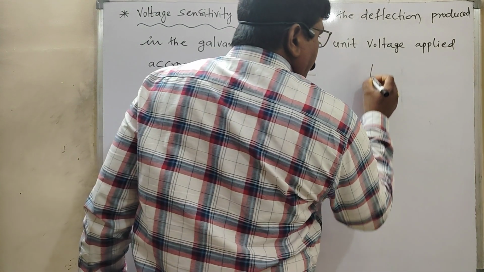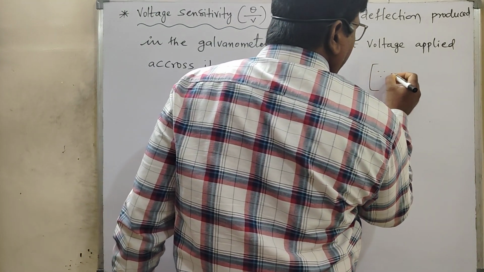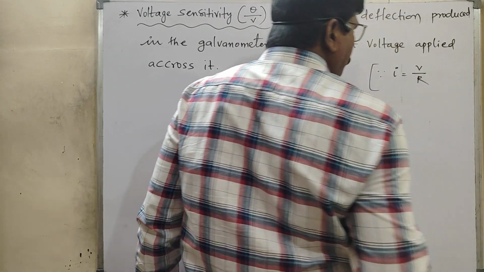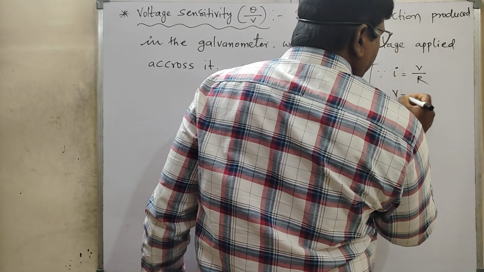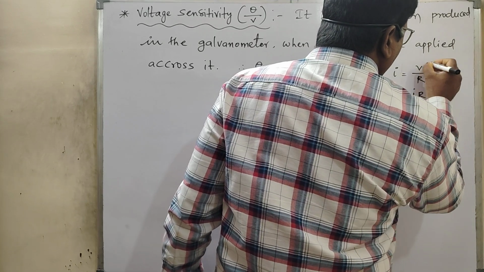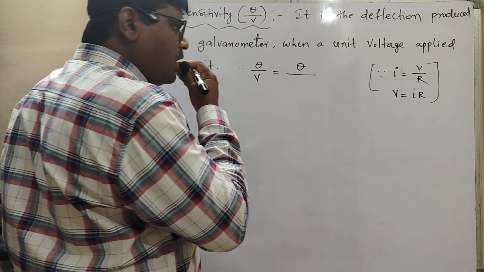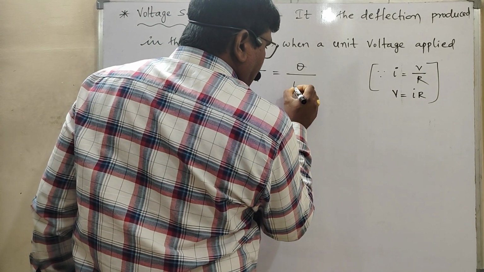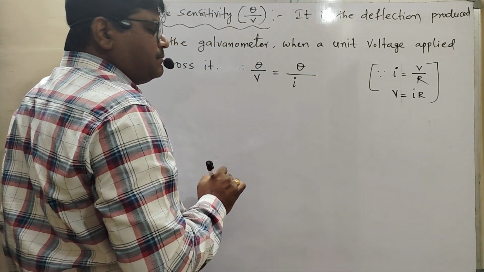So we know that I is equal to V by R. Here we can write V is equal to I into R. In place of voltage we can write I, the current flowing through the coil.